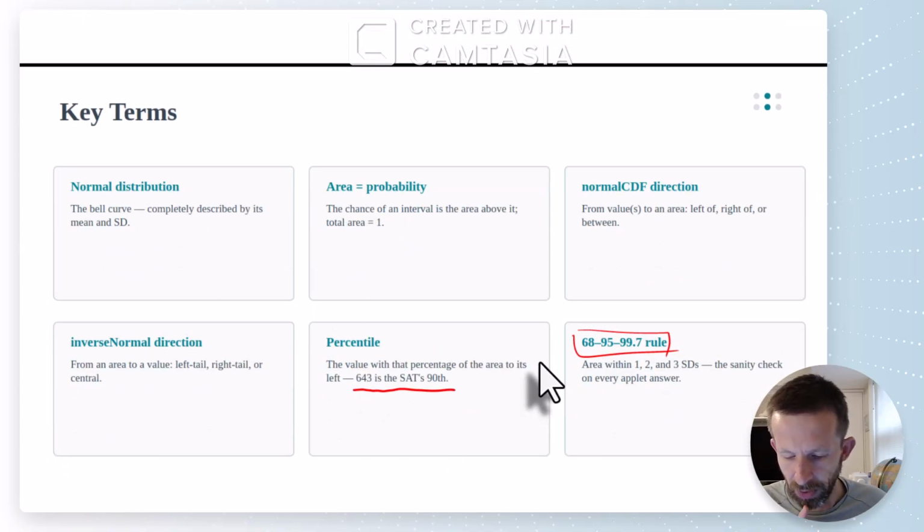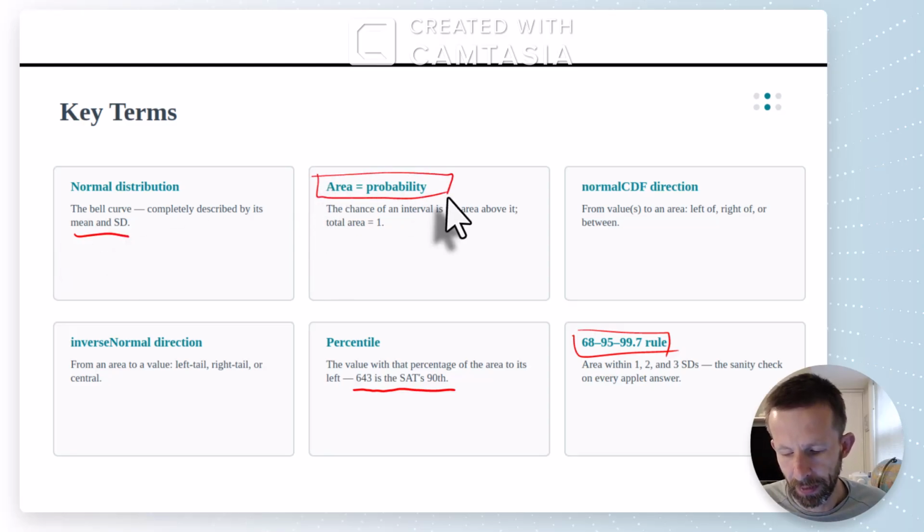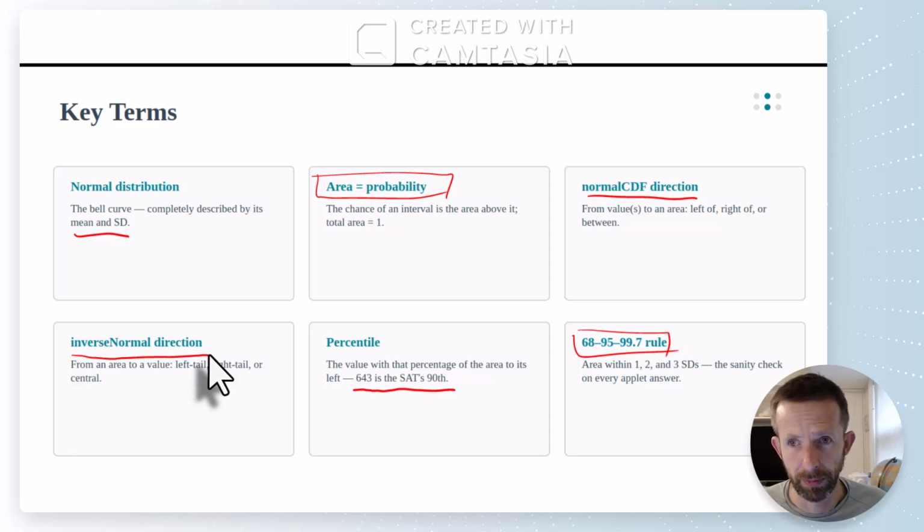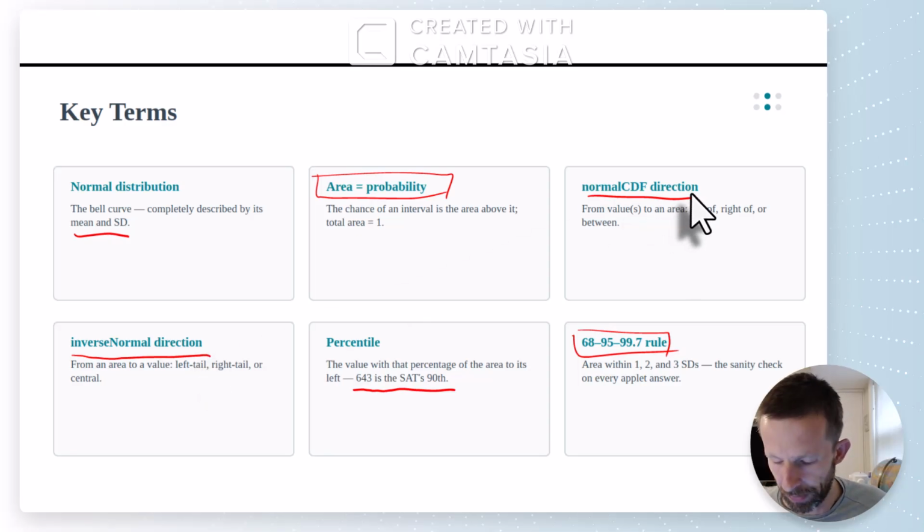So key term, normal distribution. It's a bell curve described by its mean and standard deviation. Area, that's the key concept. The area underneath a curve is the probability of that outcome. We can use the normal CDF function and inverse normal to get actual values on the curve. Normal CDF gives you the probabilities.